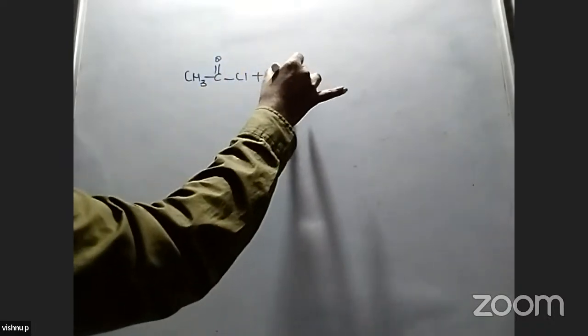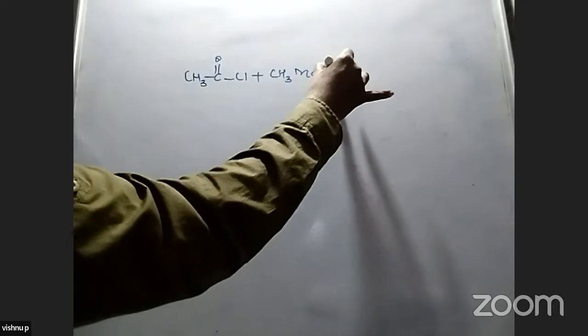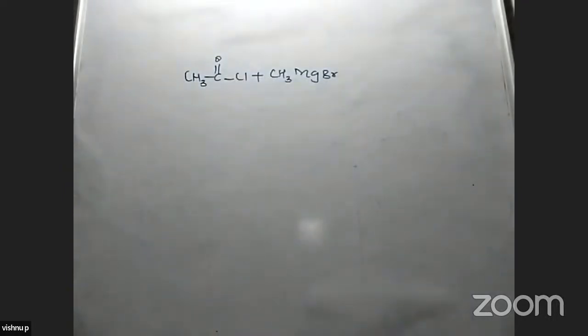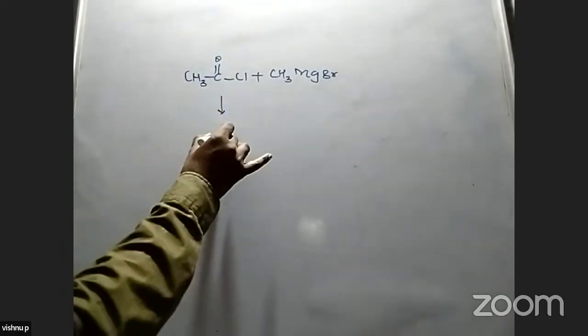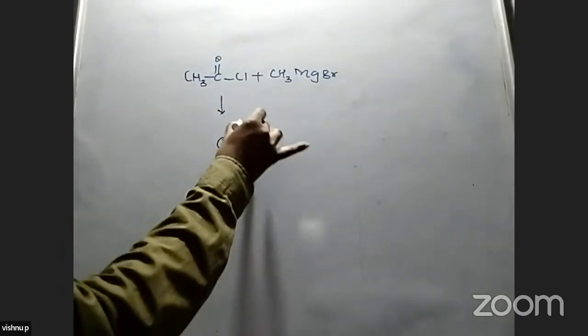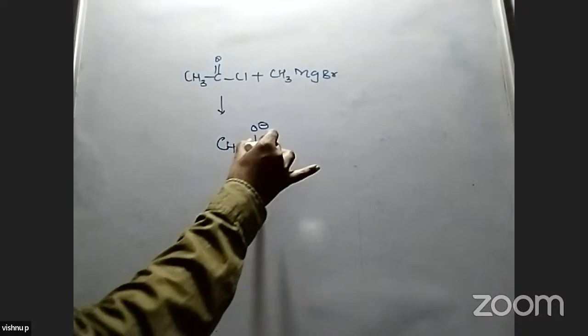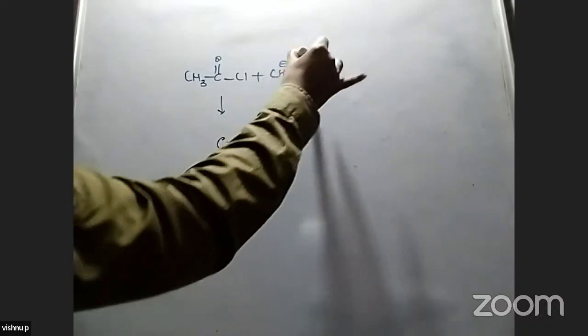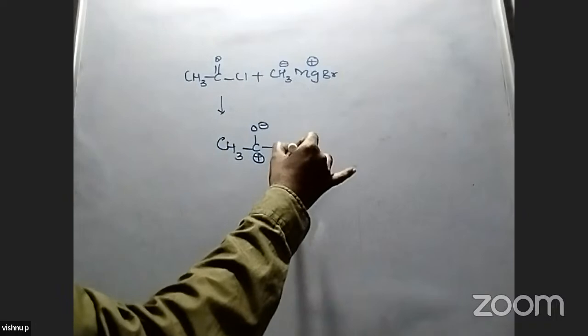And the next preparation method is ethanoyl chloride reacting with Grignard reagent. Generally, in ethanoyl chloride, that pi electron is transferred to oxygen. So CH3CO minus plus Cl. This is minus, this is plus.